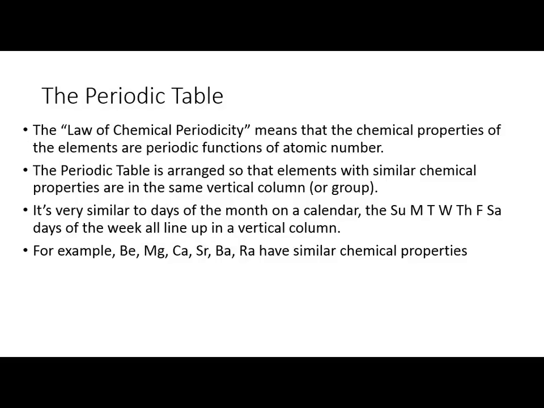Okay, so I've kind of picked on the second column. Okay, the second column, and actually here in a minute I have a name for that. The column is called a group. Okay, so the second group starts with beryllium, magnesium, calcium, strontium, barium, and radium. Okay, you kind of know what they're going to do chemically. They have similar chemical properties.